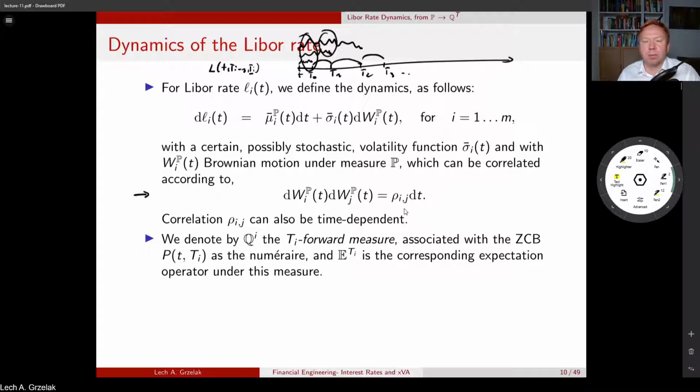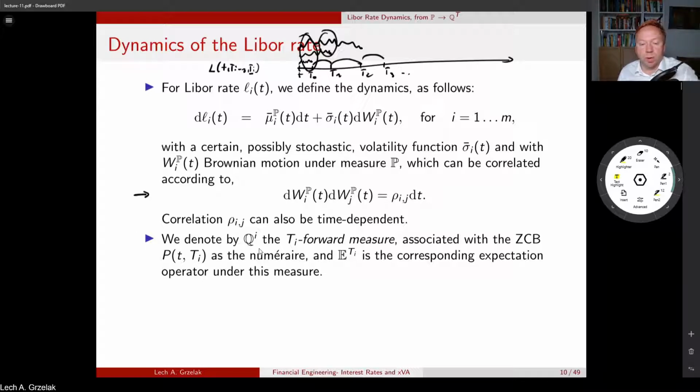Otherwise, if you have a 20-dimensional matrix and some of the correlations cause your matrix not to be positive definite, then of course it's a big issue how to fix it. There is a whole body of research on which algorithms you can use to fix such a matrix. But if you define parametric correlations, that's good enough because then you don't have many parameters, maybe 3 or 4, and then you can already fit to the correlation structure or some products in the market, while keeping the number of parameters very low, and at the same time making sure that your matrix is positive definite.